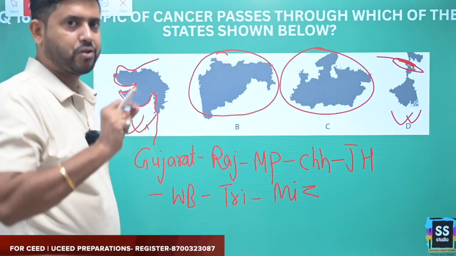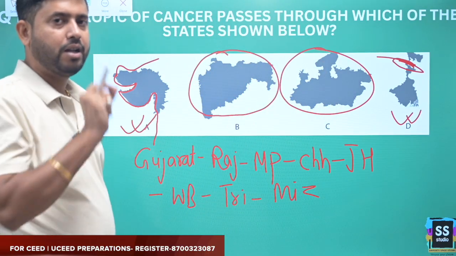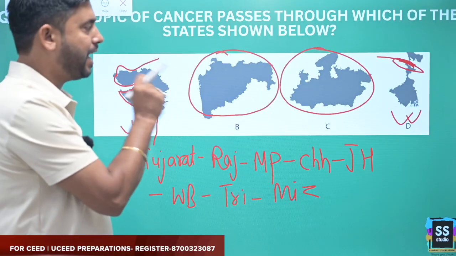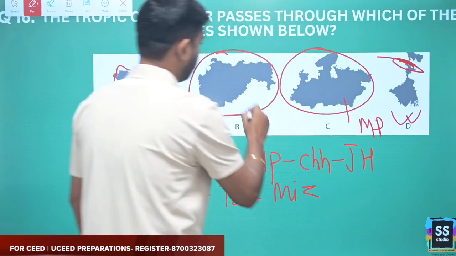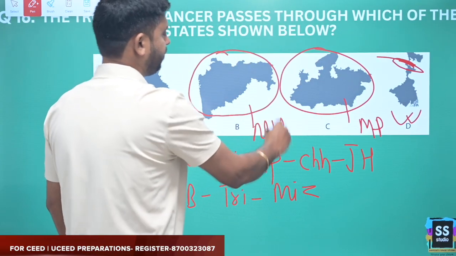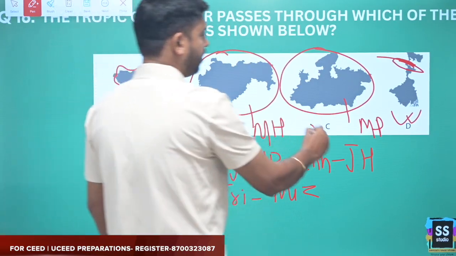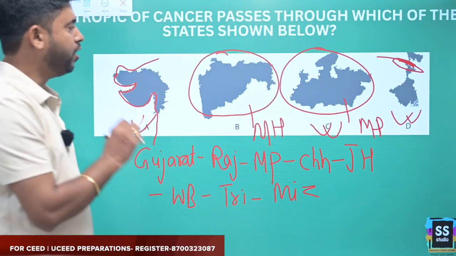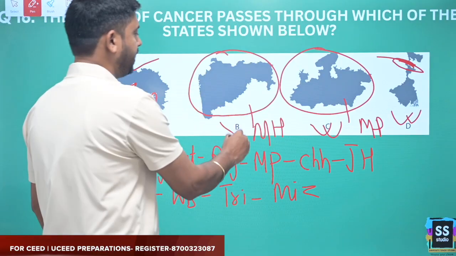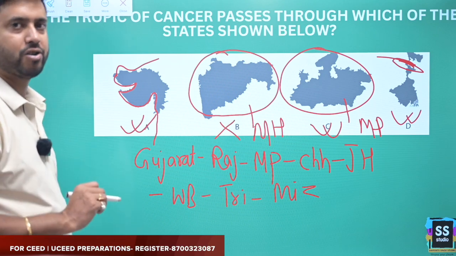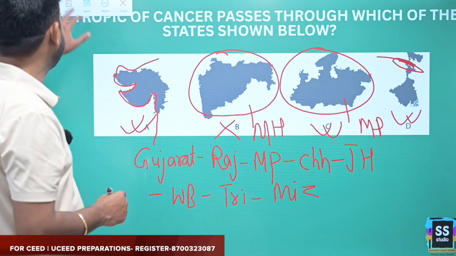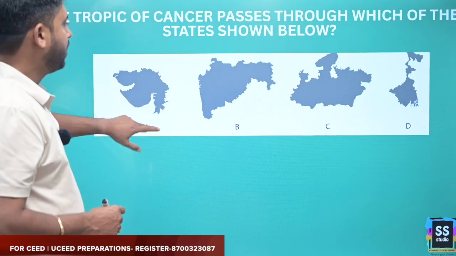So if you will actually memorize, figure out what state has this sort of shape. This is Madhya Pradesh and this is Maharashtra, right? So this is the correct answer. So we have the options A, C and D. This is wrong. The Tropic of Cancer doesn't pass through Maharashtra. How easy it was, right?